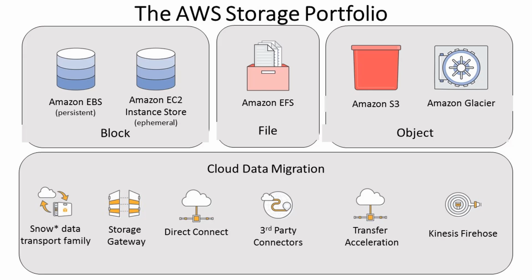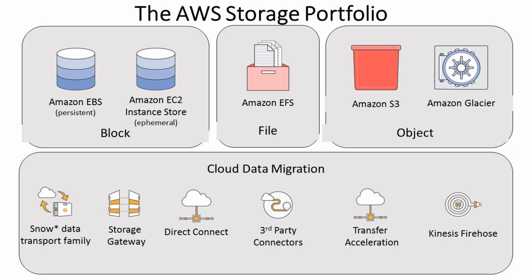But as importantly, one of the big things we talked about in the first slide was that data has gravity and data is large. So we have many options to move data into the Amazon storage portfolio. We'll hit on some of these today, but essentially that's what we consider the fourth leg of the stool: these data migration options.